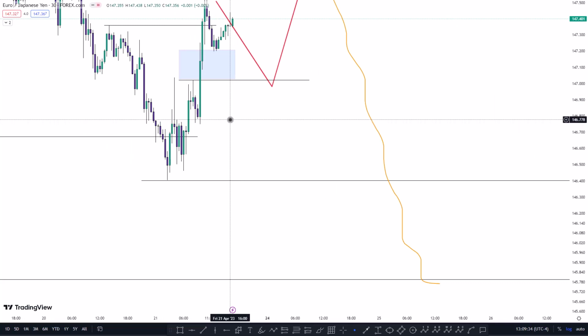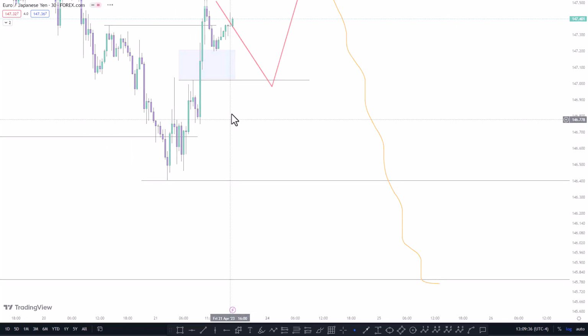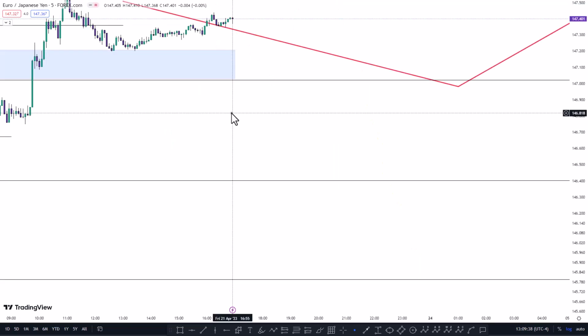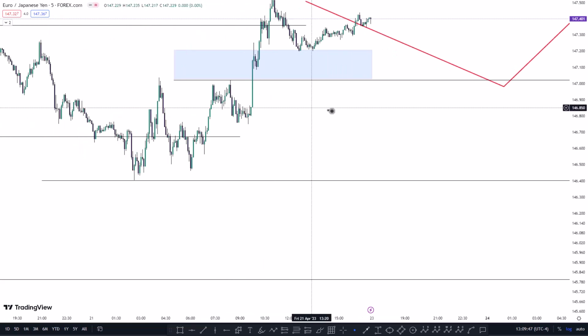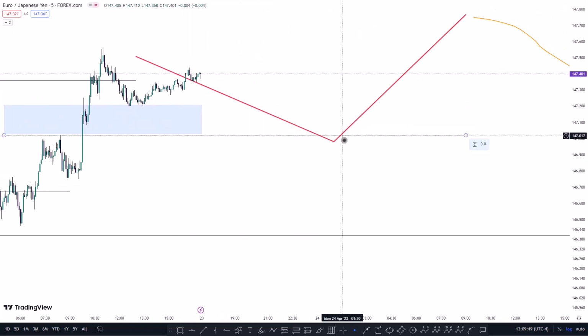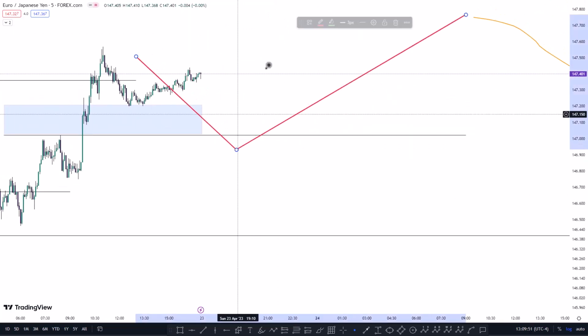I don't see a good one. Let me check on 5 minutes. Okay, maybe don't see a good one. A beautiful down candle. Okay, but what I'm telling you is this. The power of structure is this.